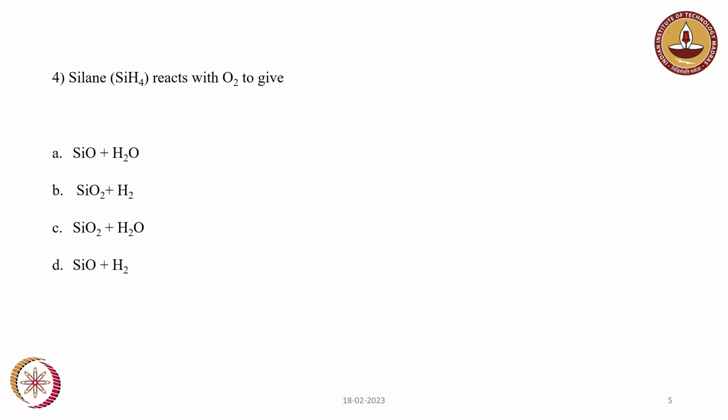And question 4 is: silane, that is SiH4, reacts with O2 to give. Option A is silicon oxide plus H2O, B is silicon dioxide plus H2, C is silicon dioxide plus H2O, D is silicon oxide plus H2. In the lecture we have learned that p-block hydrides are reducing agents.